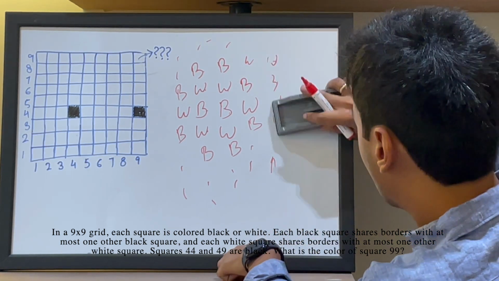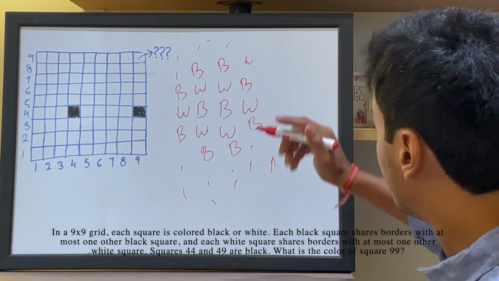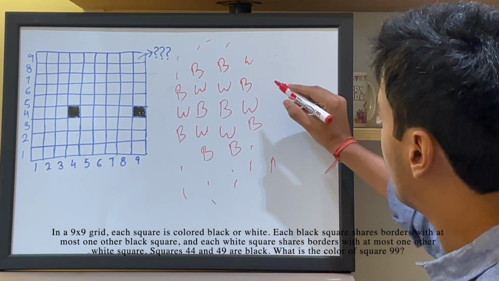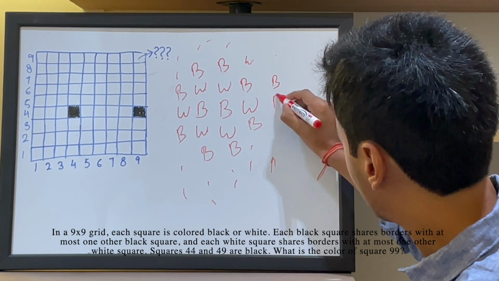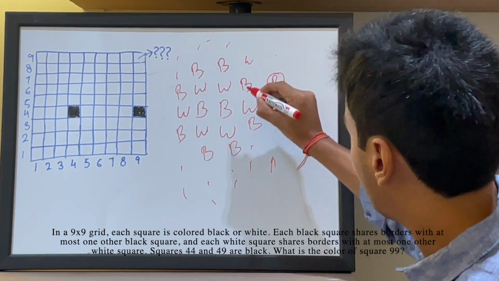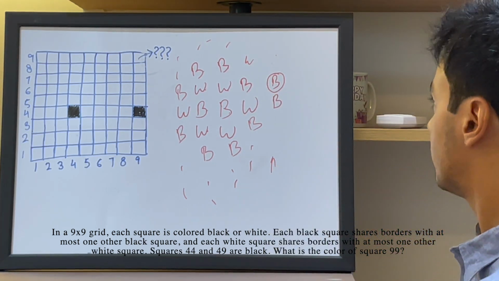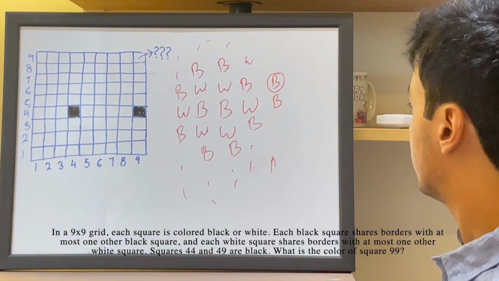However, it cannot be filled in a manner where it's not strictly alternating. So for example, if this is black and we keep this one also black, then this cell shares a border with 2 other black cells. So it violates the condition of the puzzle.